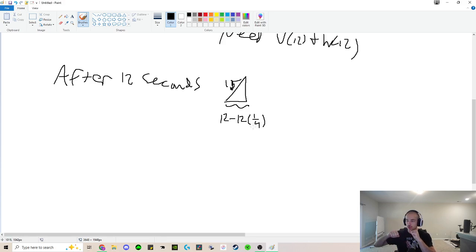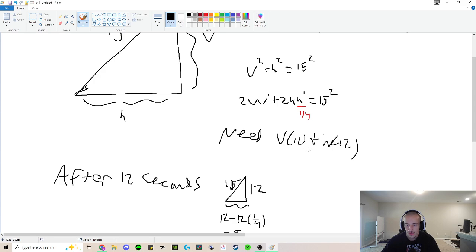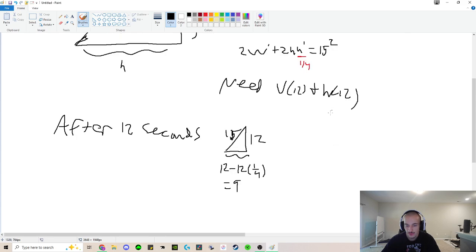So we've been moving a quarter closer the whole time, and that's been for 12 seconds, which means that we've gotten 3 feet closer. So instead of it being 12, it's going to be 9. So now this guy equals 9, which means that this height is 12. So h of 12 is 9, and v of 12 is 12.